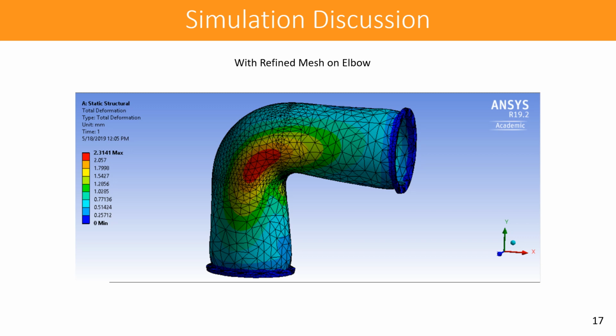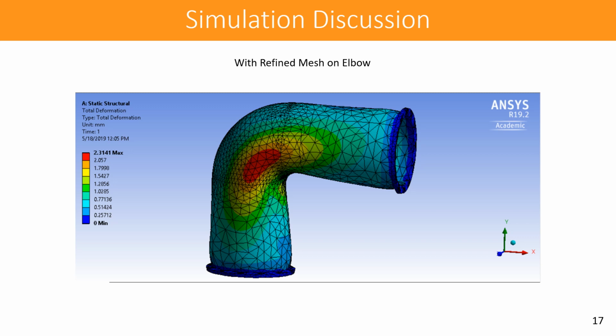So looking at the refined mesh simulation, when looking at total deformation for that refined mesh, it gives us a more accurate depiction of where it's going to deform, although in reality it's really only like a 0.1 millimeter difference. So it's more accurate, but it's still ballpark the same.